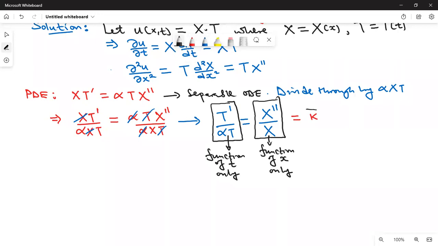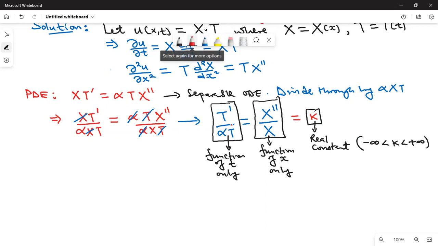k is a real constant. Remember, when we talk of a real constant, this is what I mean: negative infinity less than k less than positive infinity. k belongs to the set of real numbers. You can divide this into three parts. If I draw the real number line, we have 0, negative infinity this side, and positive infinity here.